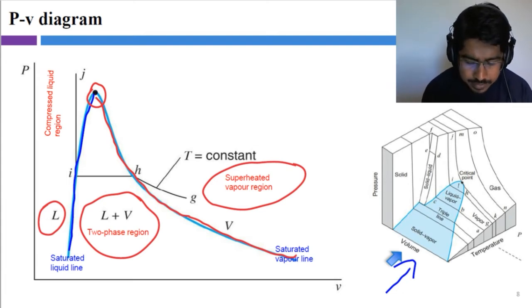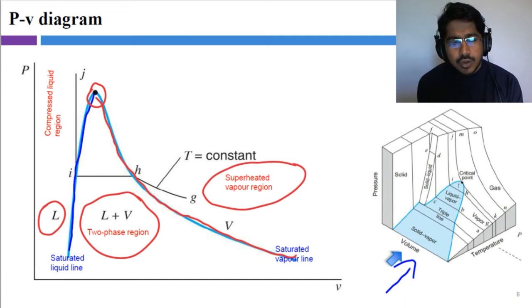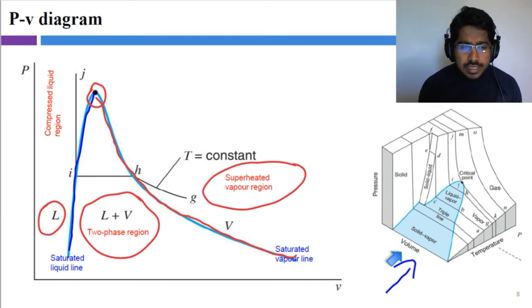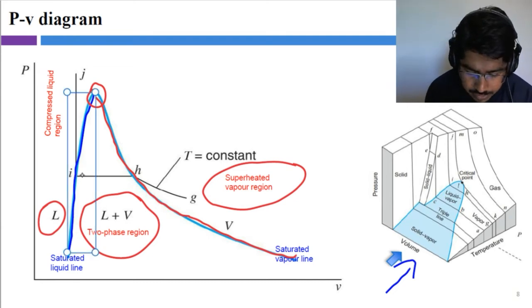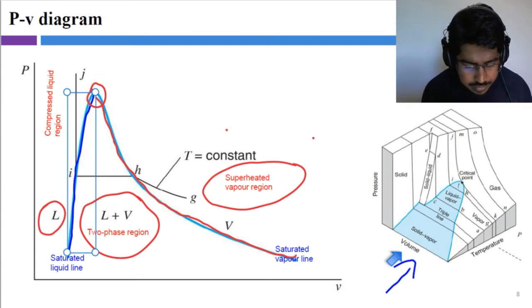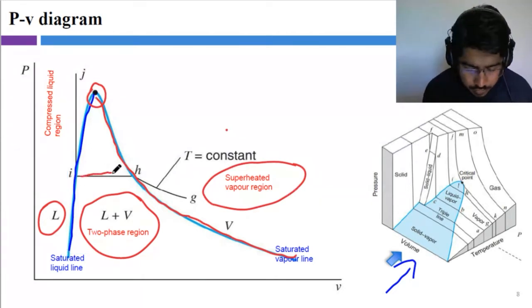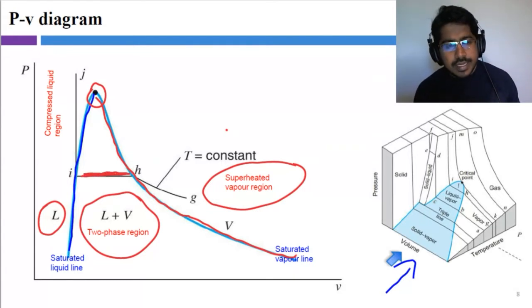Inside the dome, in either TV or PV diagrams, it's important to note that pressure and temperature do not change independently. For a given pressure, the temperature will stay the same. For a given temperature, the pressure will stay the same.